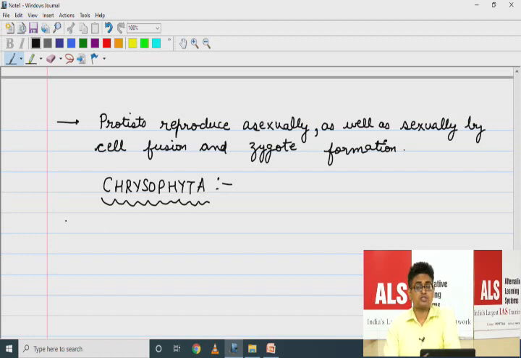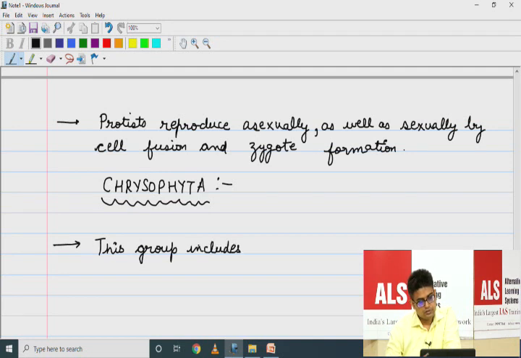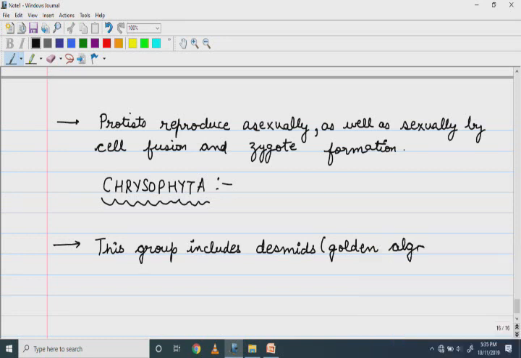So please write Protista, like we are studying Protista, and Chrysophyta is a subdivision. This group includes desmids or golden algae and diatoms.